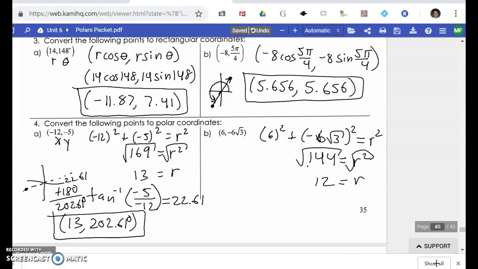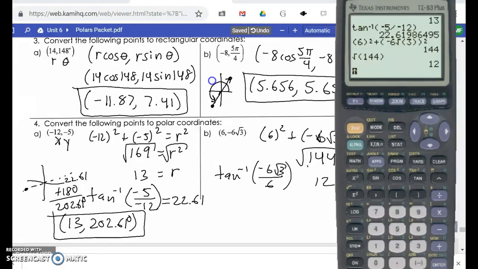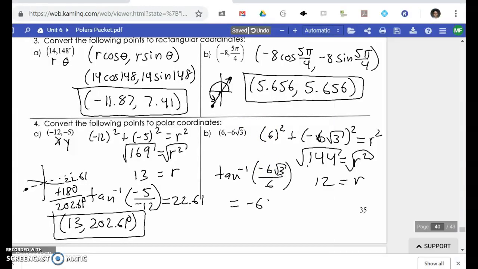To get the angle, we'll do the inverse tangent of the y over the x. And here you have to be careful again when you type it in. Inverse tangent of negative 6 root 3. Make sure you close that root 3 symbol. Divide that by positive 6. And we get the answer of negative 60 degrees. So let's check if that is okay. The point negative 6 root 3 is somewhere down here.